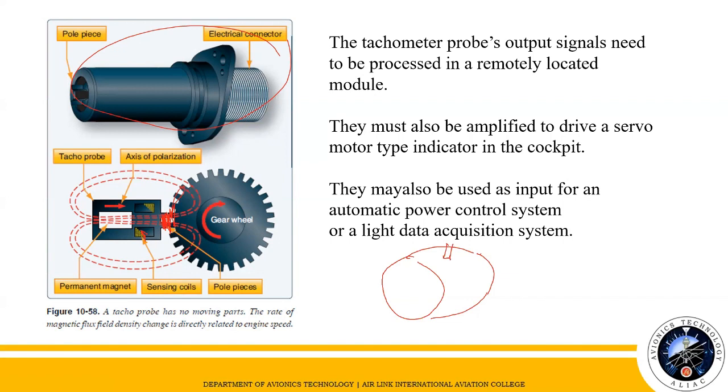So, this generates voltage signals in the coils inside the probe, and the amplitude of the electromagnetic field signals varies directly with the speed of the engine. So the tachometer probe output signals need to be processed in a remotely located module. So they must also be amplified to drive a servo motor type indicator in the cockpit. So they may also be used as an input for an automatic power control system or a flight data acquisition system.